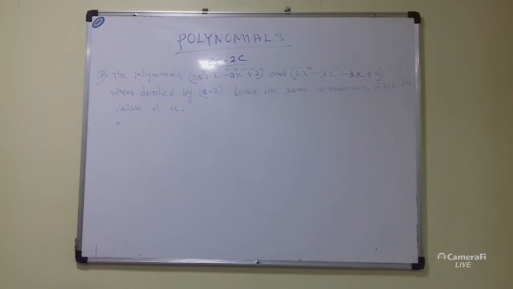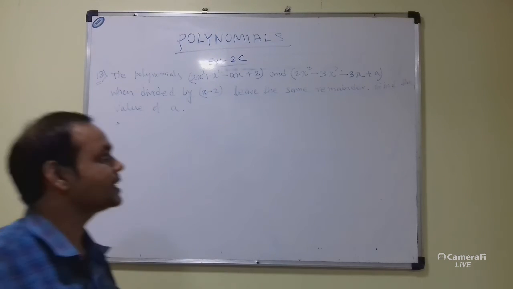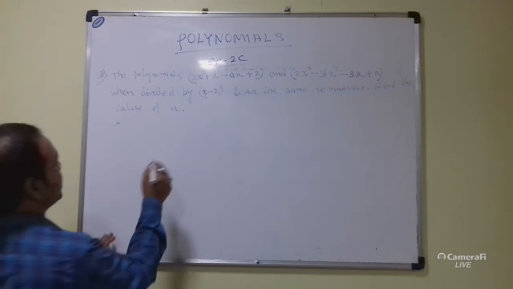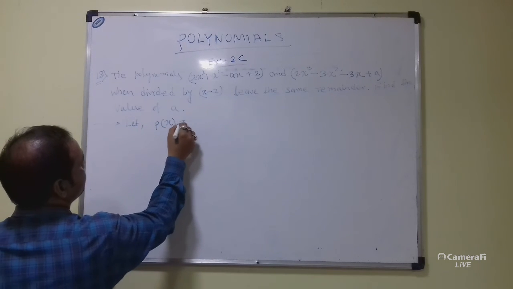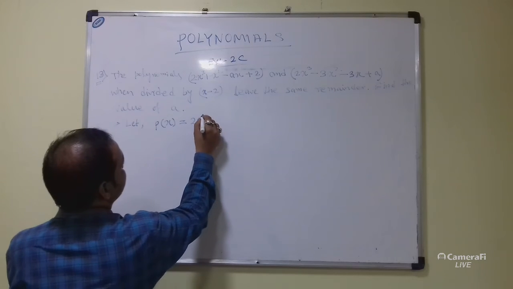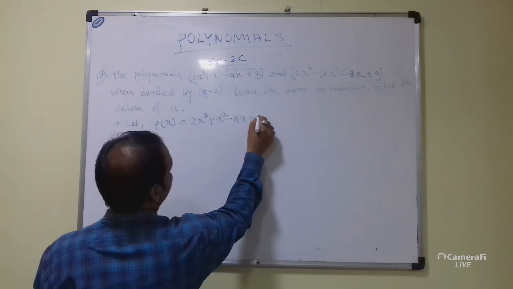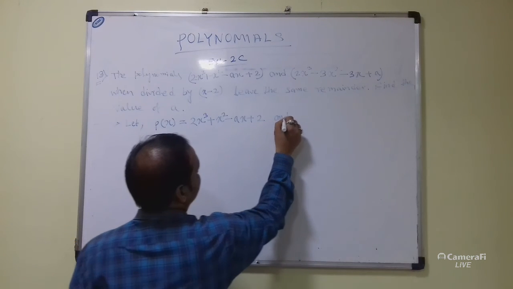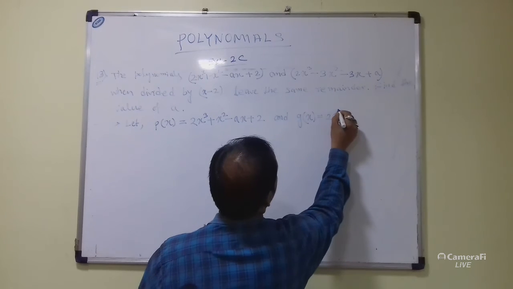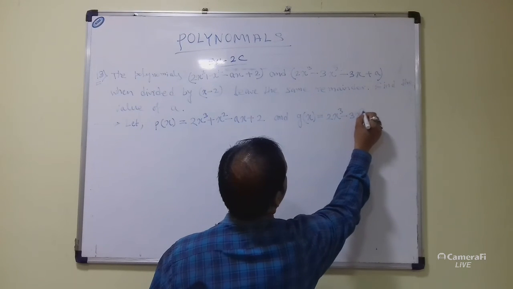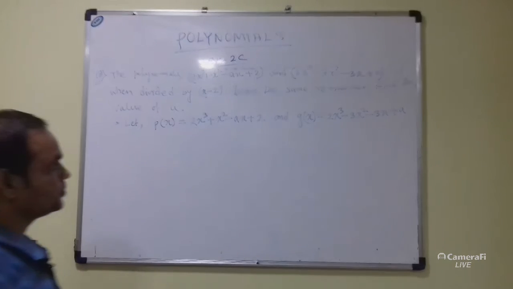So the polynomials are 2x cube plus x square minus ax plus 2 and another one is 2x cube minus 3x square minus 3x plus a. So first, let p of x equal 2x cube plus x square minus ax plus 2 and g of x equal 2x cube minus 3x square minus 3x plus a.